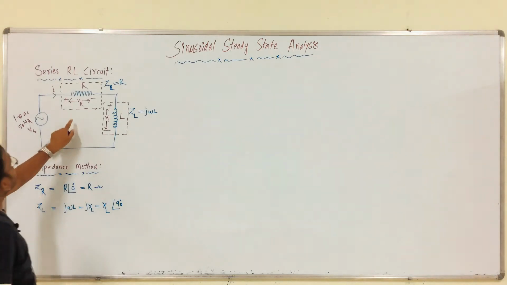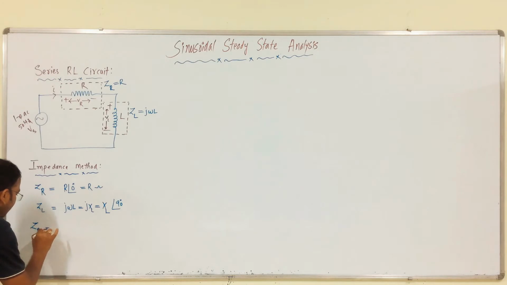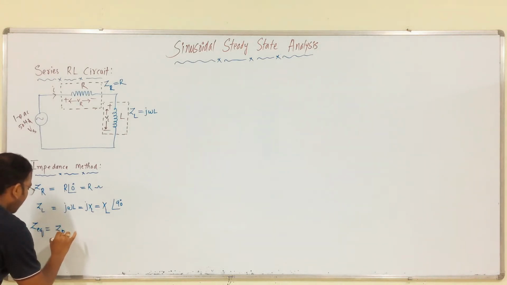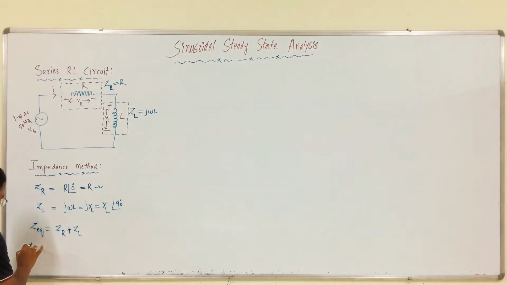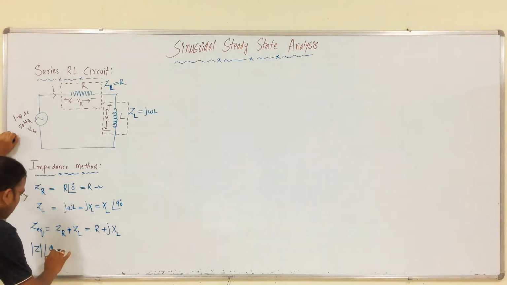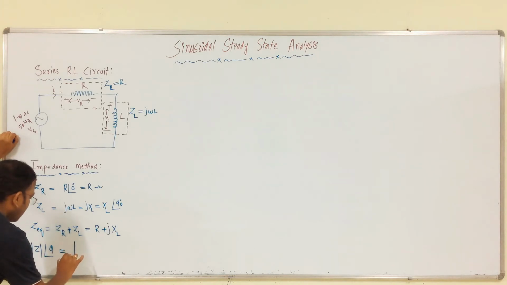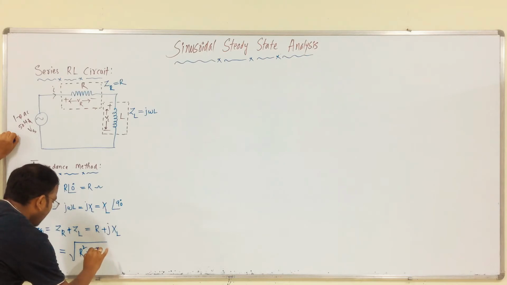So, we have a series combination of R and L, that is it. Therefore, from this what is Z equivalent? ZR plus ZL, clear. This is mod Z at an angle phi, which is nothing but R plus JXL, clear. So, mod Z is nothing but the square root of R square plus XL square.